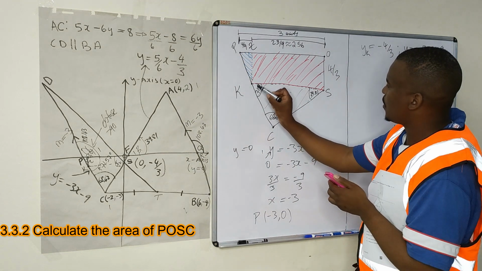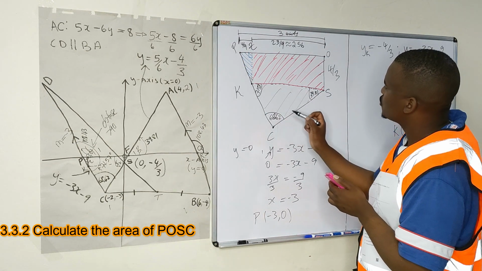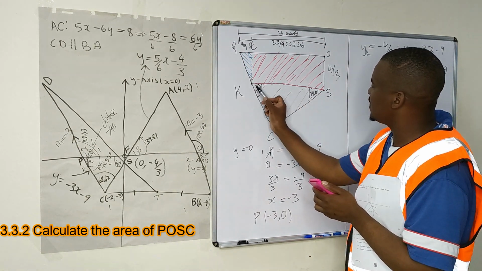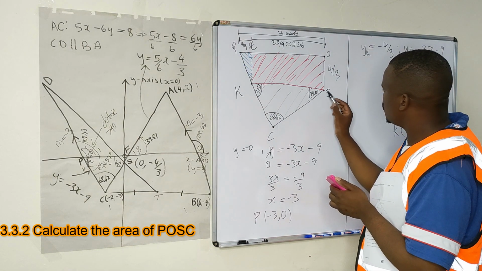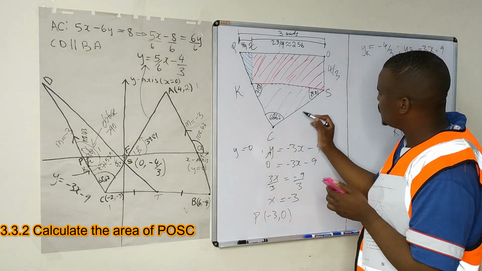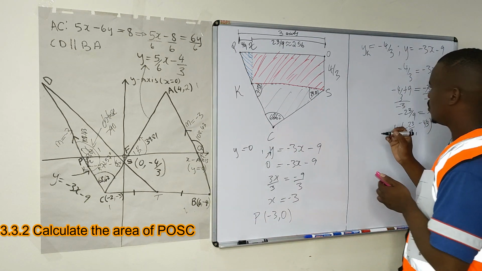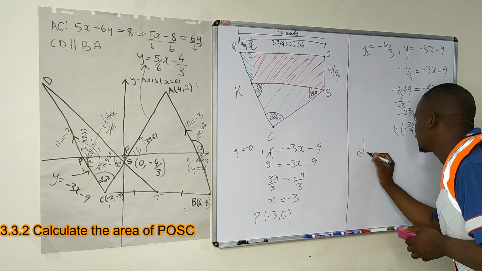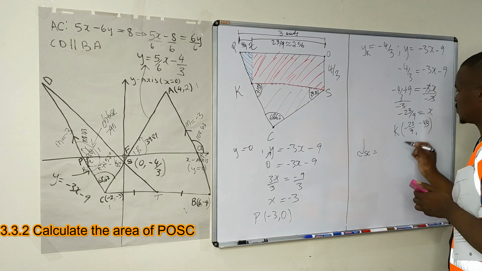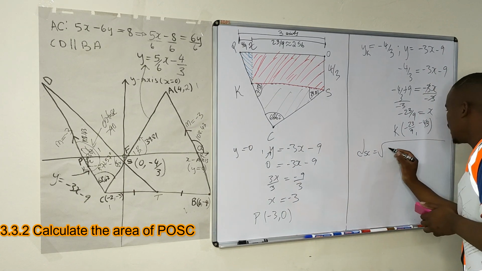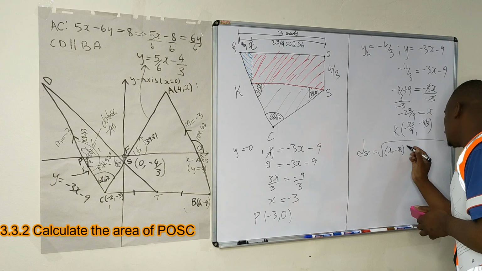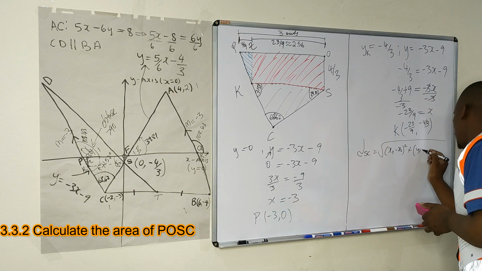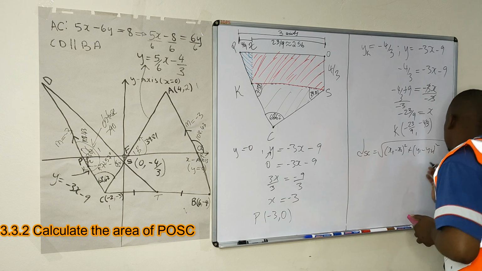The problem now is on this triangle here. It's going to be half this side times the sine of the angle between the two of them. So you need the length of this side, the distance between S and C. So distance SC or CS is equal to the square root of x1 minus x2 all squared plus y1 minus y2 all squared.